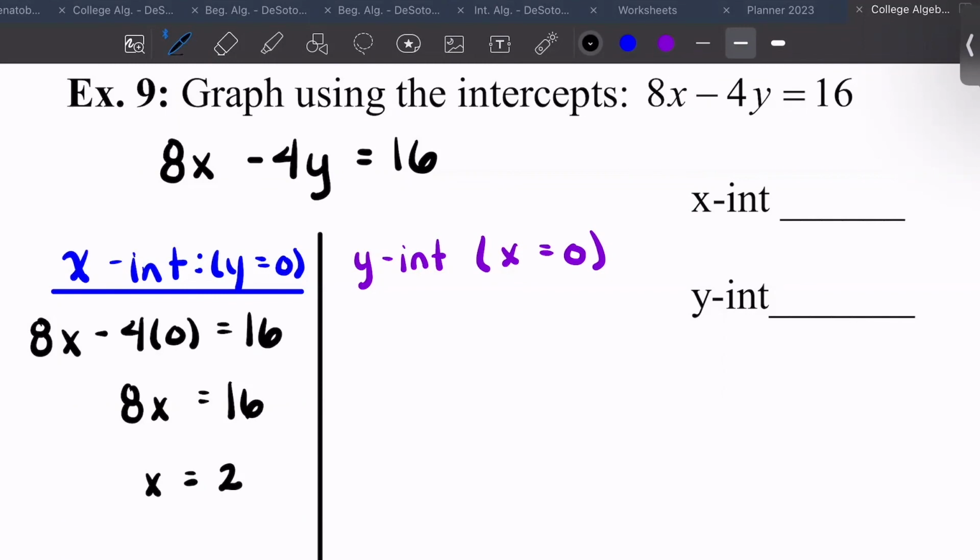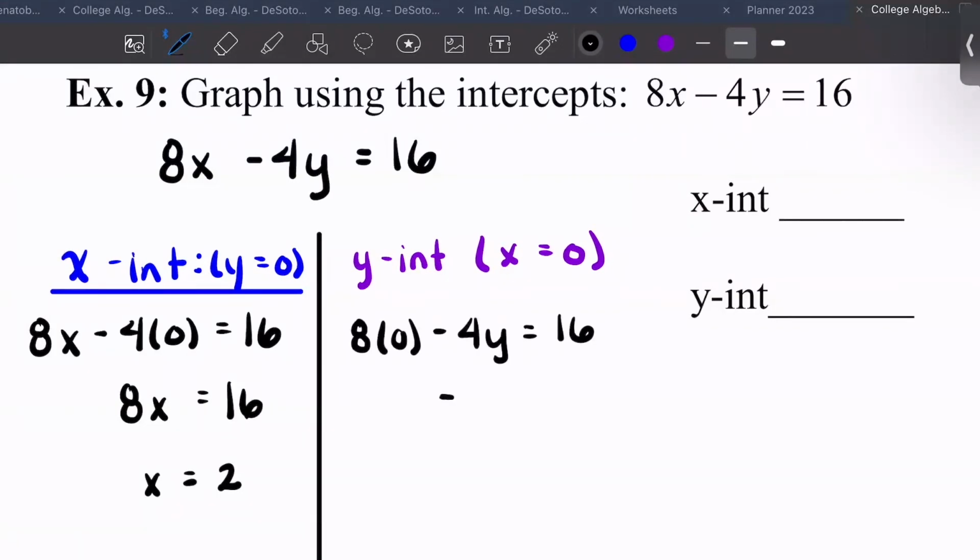Also, we have our y-intercept, so that means x equals 0. So we have 8 times 0 minus 4y equals 16. So we get negative 4y equals 16, divide by negative 4, and you get that y equals negative 4.